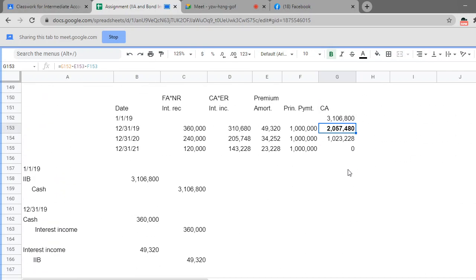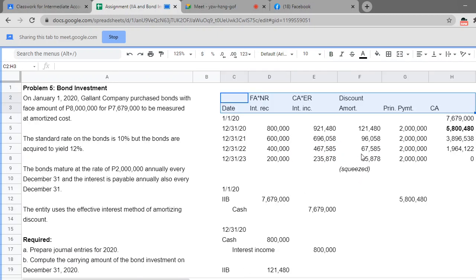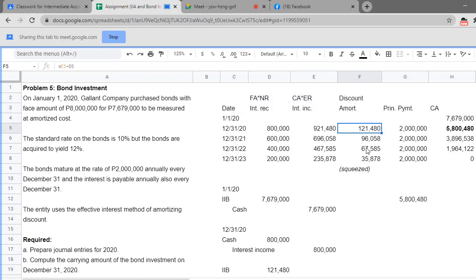I think kaganina naa tay gi-prepare nga table of amortization nga discount. Ayan. So, i-highlight ko lang ni as discount. Okay, ano pa bang meron dito? And a serial bond and annual. Okay?